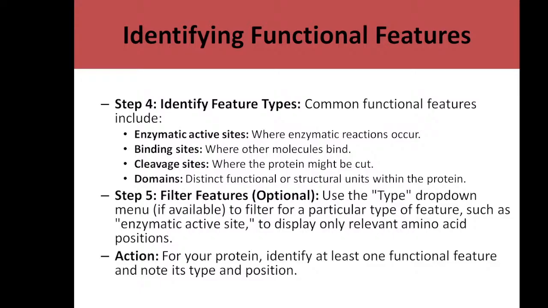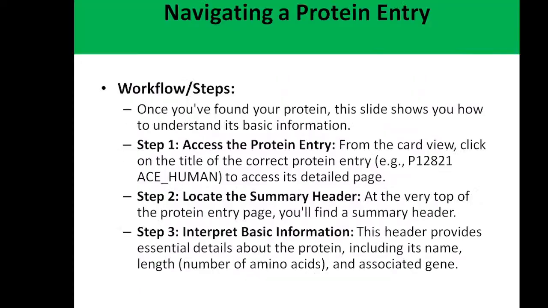If you want to know all the amino acids that have enzymatic active sites, it is going to display them for you as a filter result. Then the action for your protein: identify at least one functional feature and note its type and position as well.